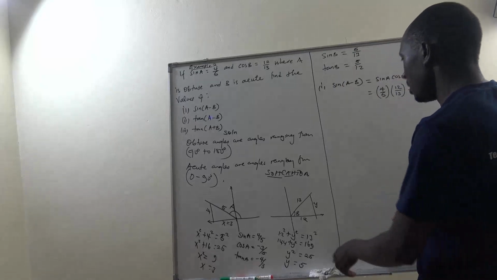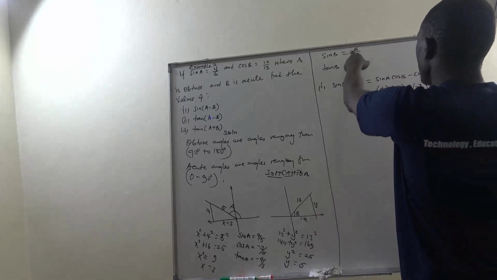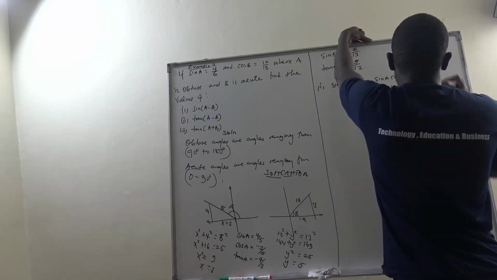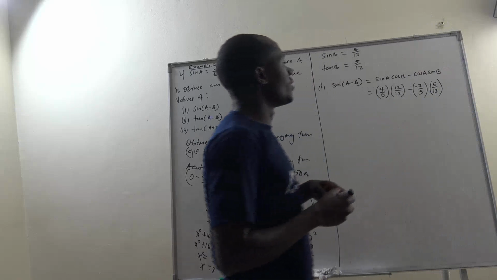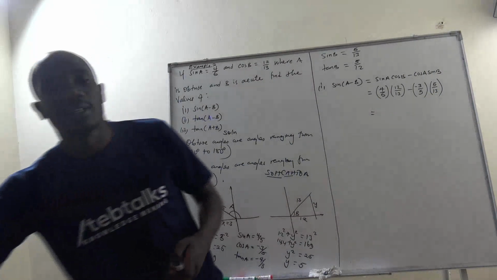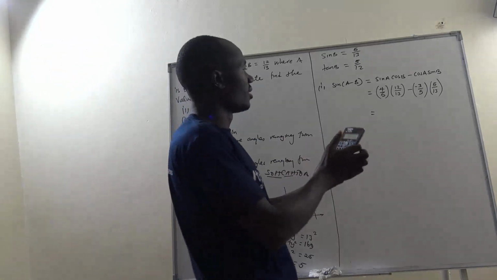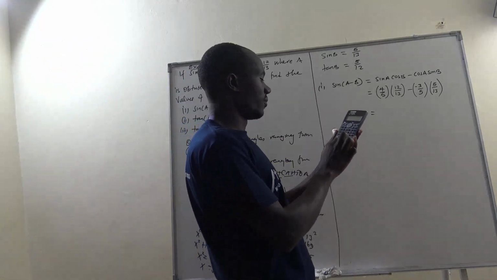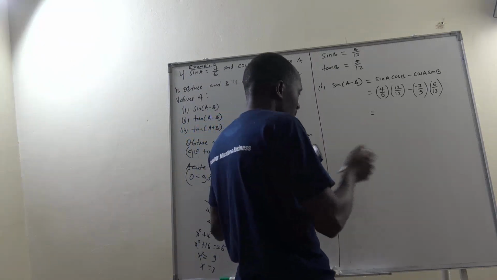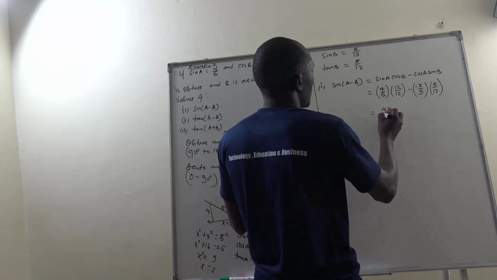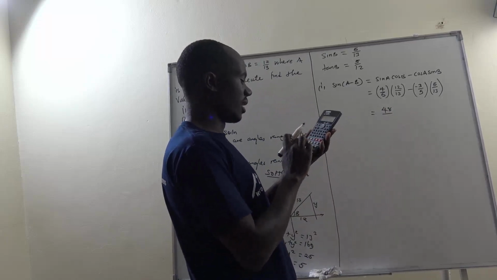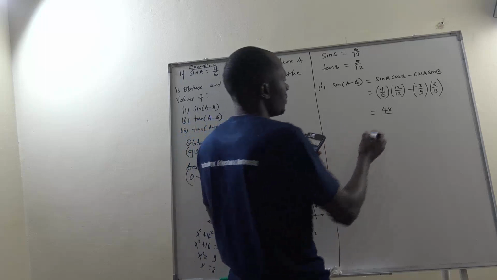Sine of B is 5 out of 13. So can we go ahead and multiply? 4 times 12, as I will be pressing on this calculator, we are coming up with 48. Out of 5 times 13, which is bringing us 65.